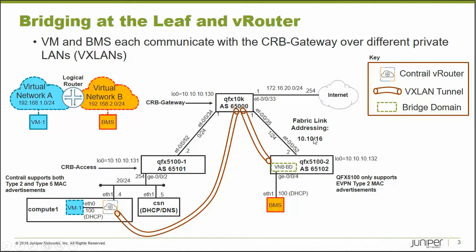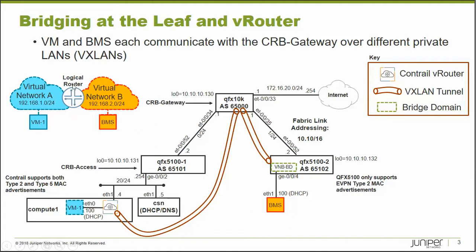The main benefit of Contrail Enterprise Multicloud is that all this configuration of the bridge domain and all that good stuff will be done for us by Contrail Enterprise Multicloud. And then we're going to be able to route between them through this thing we call a logical router. Now the logical router actually shows up in the Contrail user interface.